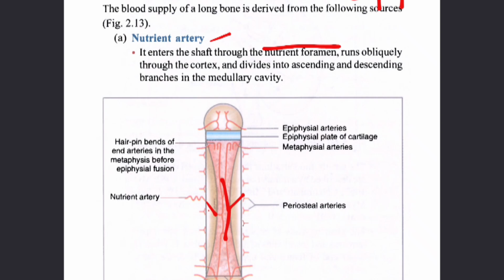See, arteries in the metaphysis before epiphyseal fusion, the metaphyseal arteries are in this region, and here the anastomosis takes place. This is the region where anastomosis between the epiphyseal and the metaphyseal arteries occurs after fusion of the epiphysis. Okay, this is the concept.